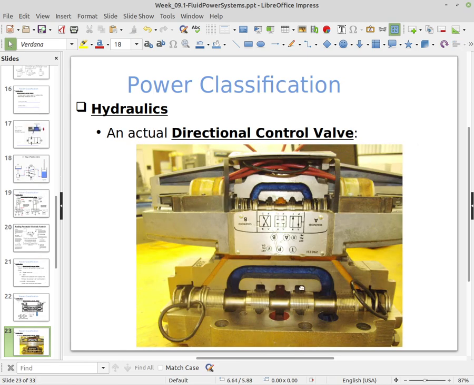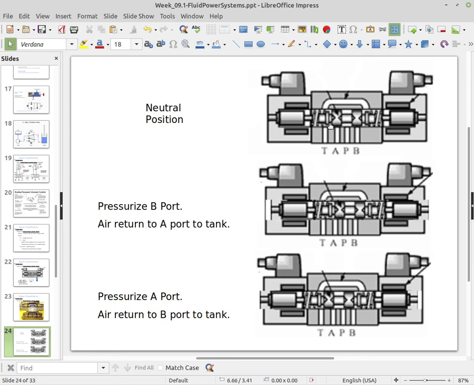So I got another graph showing you that here, and I think this is showing you the middle position. This is showing you it's energized, which is allowing pressure to go to port B. Right here, pressure is coming up through the pressure port and then back down through B, and then any pressure in A is being released back to the tank.